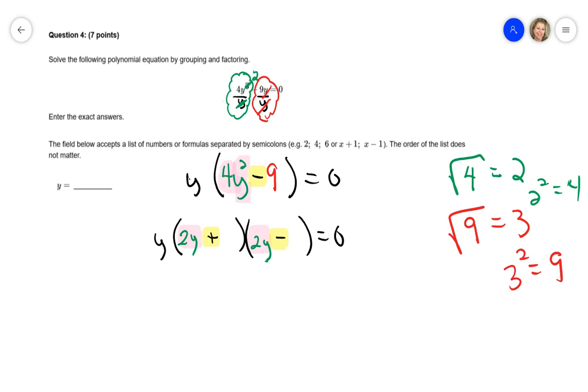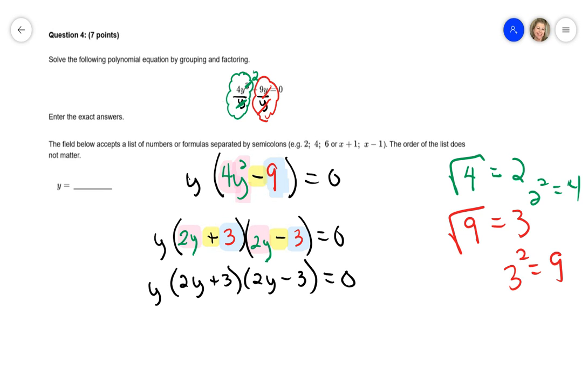And then the 9, that's a perfect square, so that gets split in half also to be a positive 3 times a negative 3. All right? So I'm going to rewrite this all in black because the next step is solving it for y.